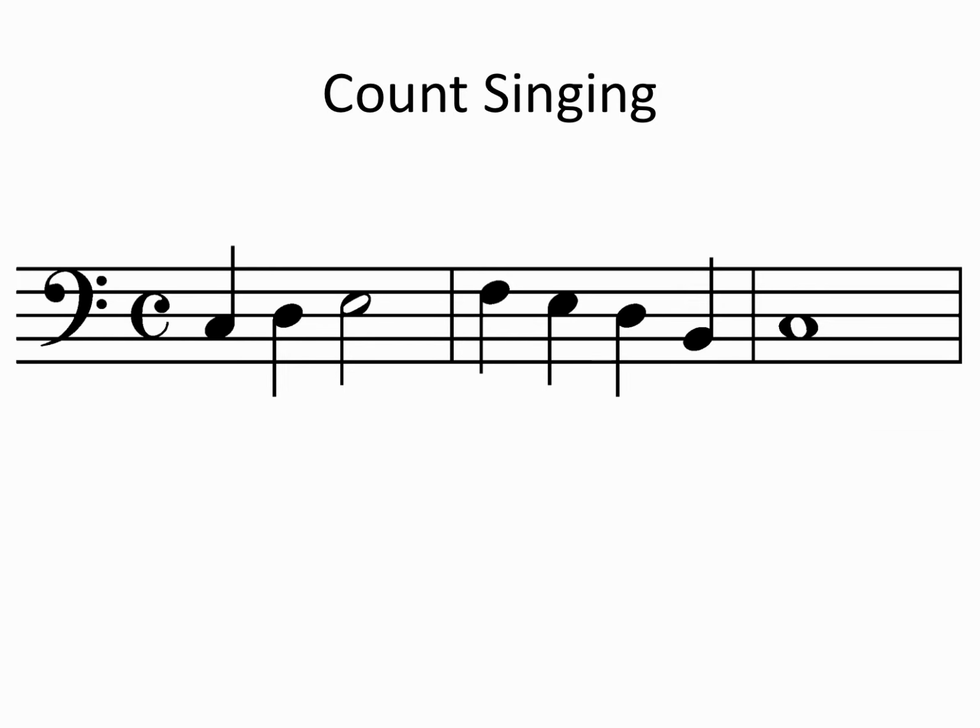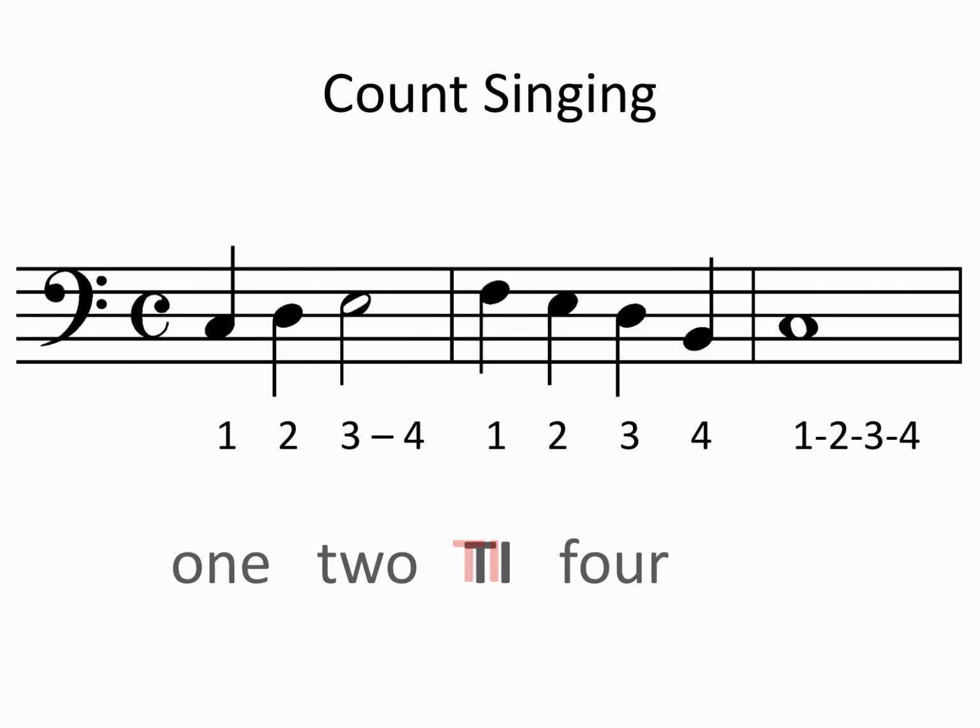In this example, we would count sing 1, 2, T4, 1, 2, T4, 1, 2, T4. The first thing that you probably noticed is that I'm singing T instead of 3. This is just to have a word with a crisper attack, T instead of thr.